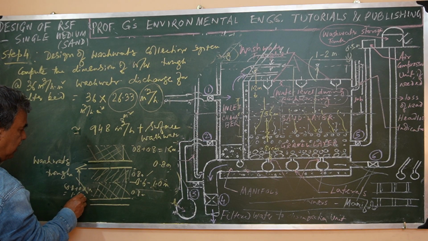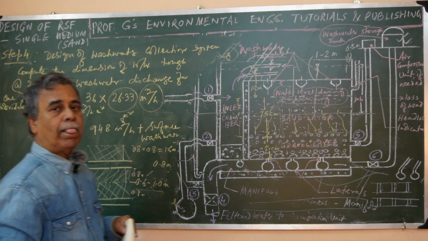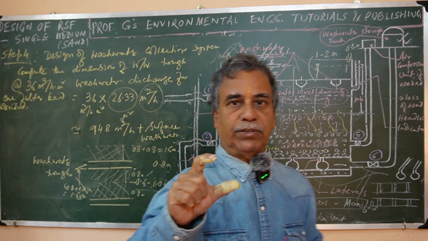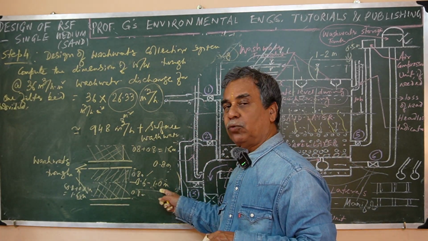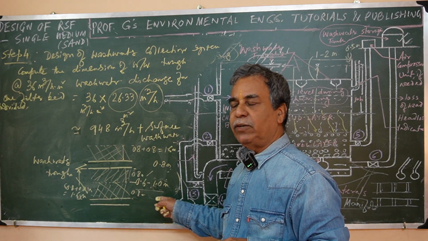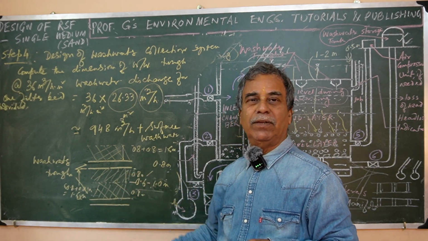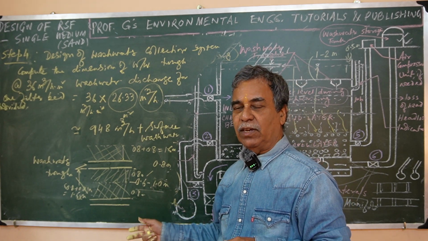That is the spacing of the wash water trough we are taking. If it is more than that, maximum 2 it could go, but to be on the safer side, we have taken the intermediate value of say 1.6.